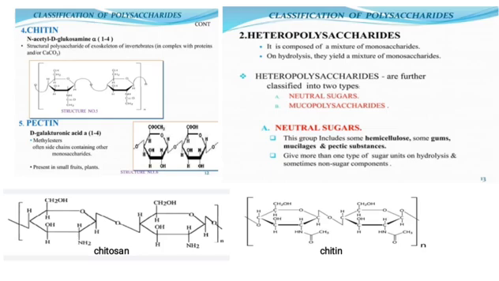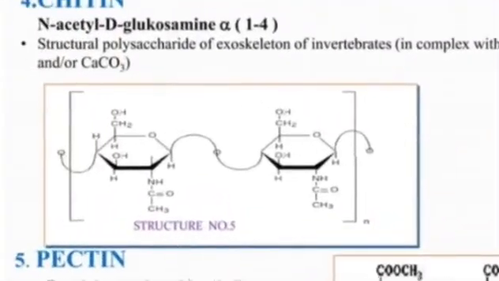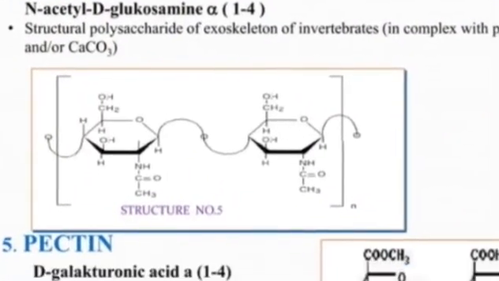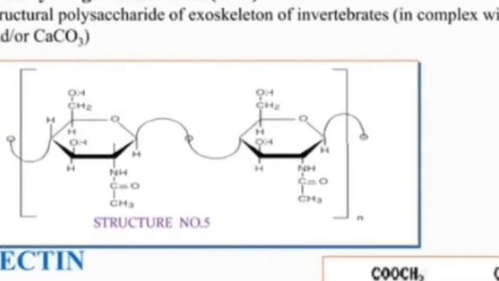Then we now also have what is called chitin. Another homopolysaccharide is chitin. The monomeric unit of chitin is usually N-acetylglucosamine. You see it? N-acetylglucosamine.